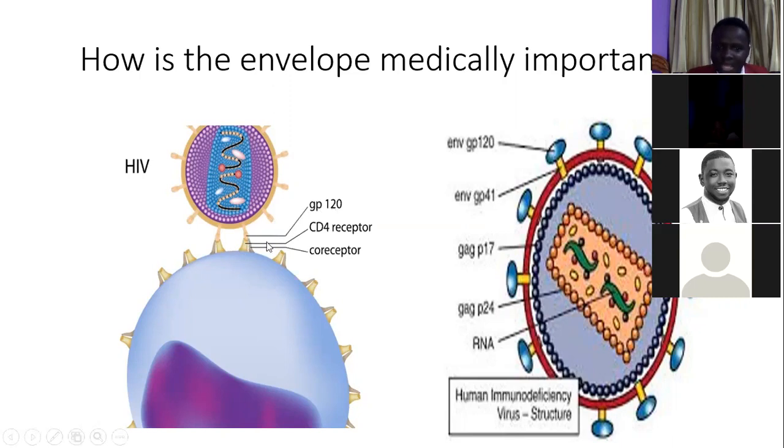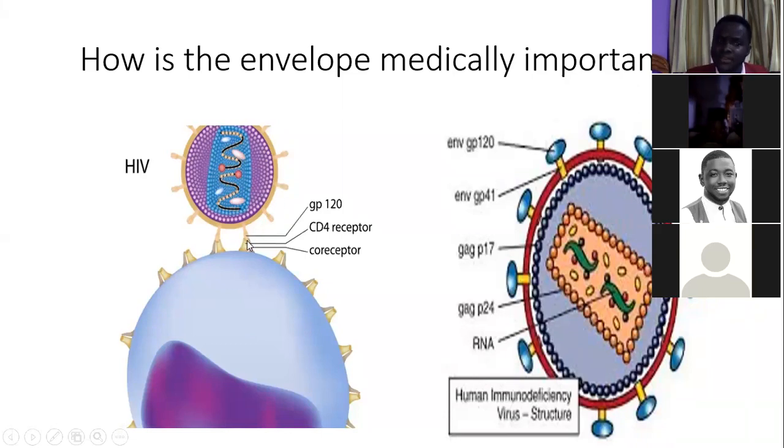The host cell receptor is CCR5, and it also has a co-receptor. So the virus will need to bind to the host cell before it enters the cell. It is this envelope that gives the virus the opportunity to do so.